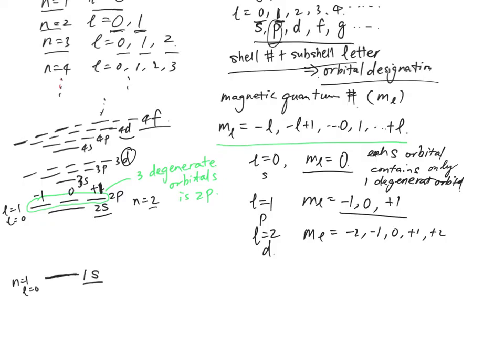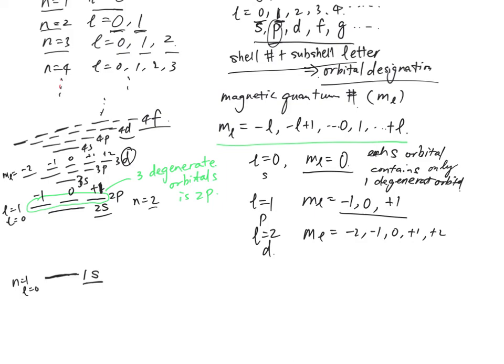Labeling those degenerate orbitals is real simple with the magnetic quantum number. A d subshell has 5 magnetic quantum number values, and each one represents 1 degenerate orbital: negative 2, negative 1, 0, plus 1, plus 2. Each m sub l value represents one of the degenerate orbitals in a subshell.